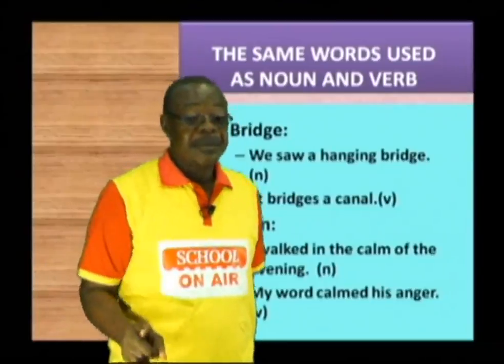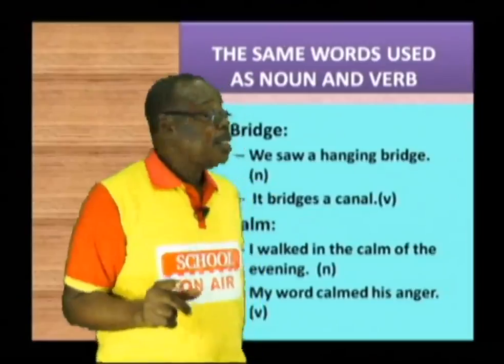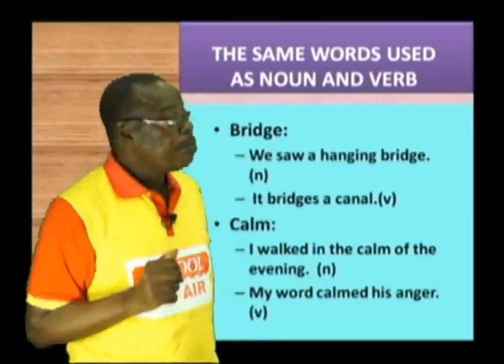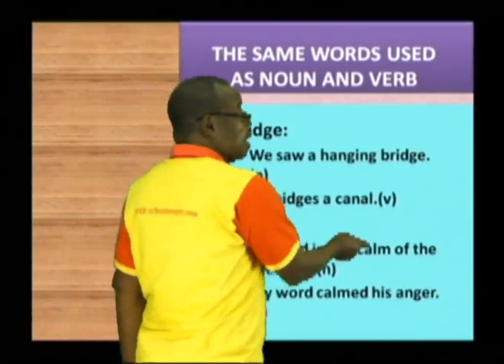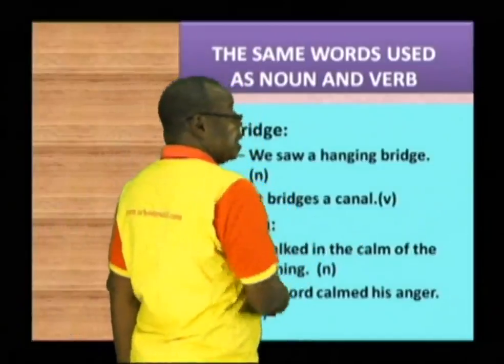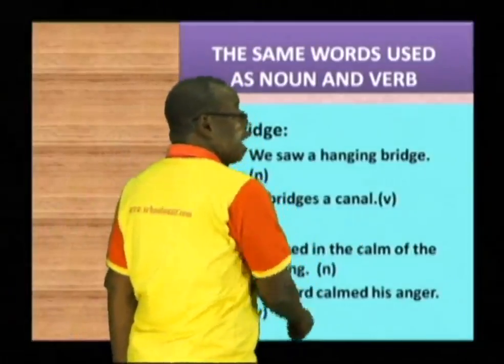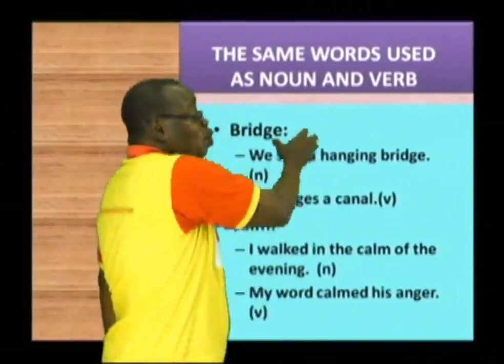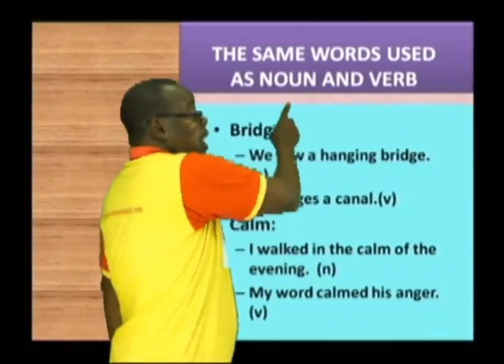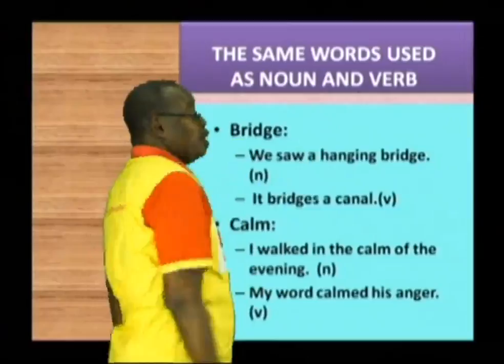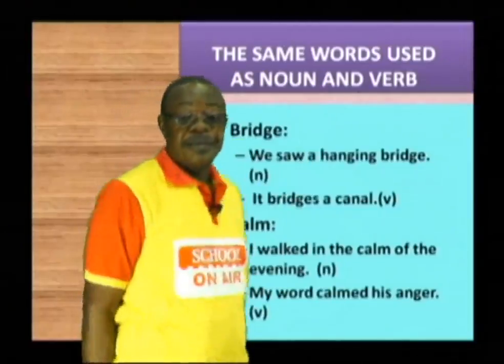Which tense is that? Calmed. That is past simple tense. So look at this: in the calm of the night, my word calmed his anger. So all these words are used not only as nouns, but they can also be used as verbs.